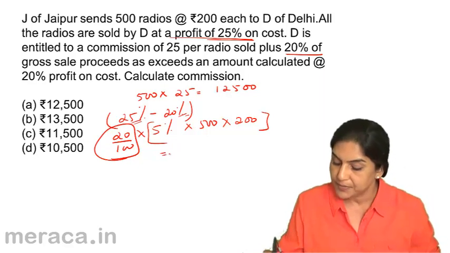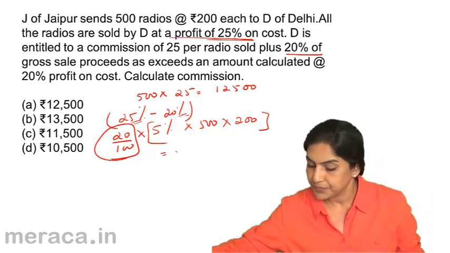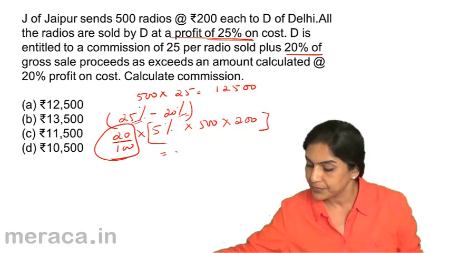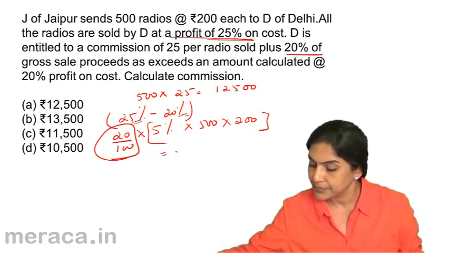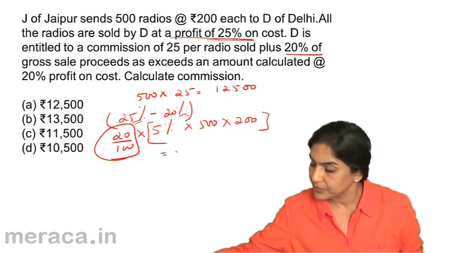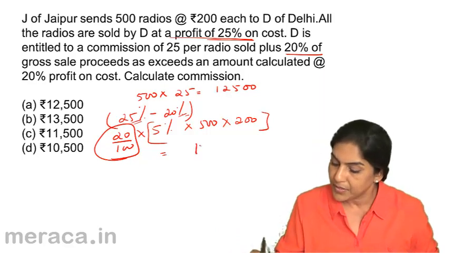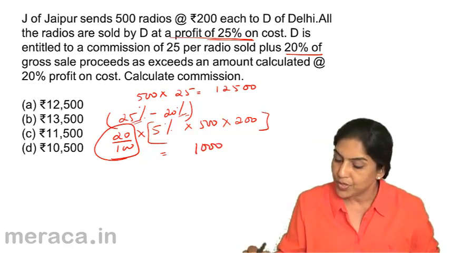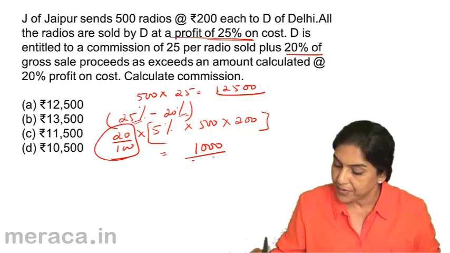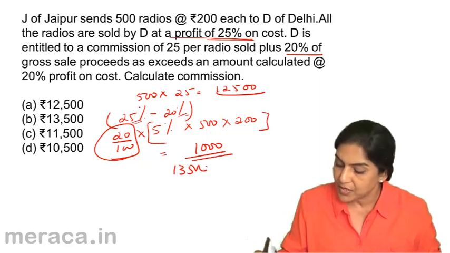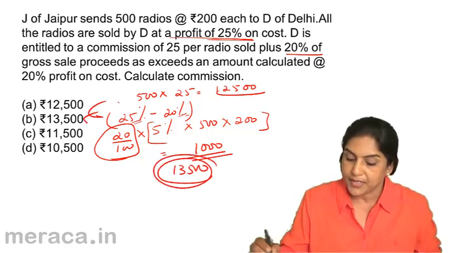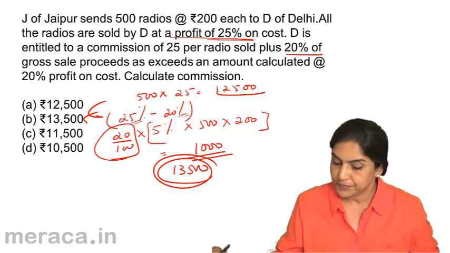This will give us another 1,000. So the total answer 12,500 plus 1,000, 13,500 should be our correct answer. B. Correct answer.